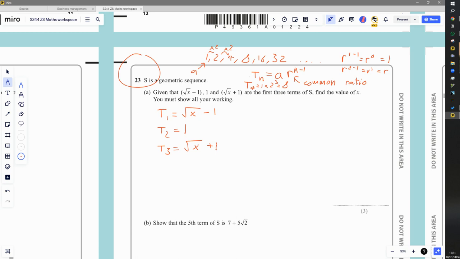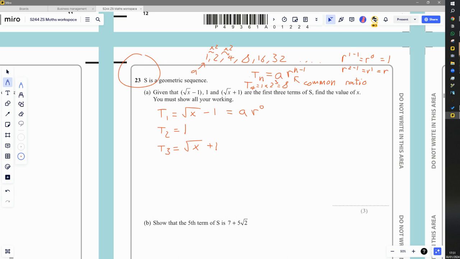So if we know that this is the formula, then we can say that this is equal to the first term multiplied by r, which we don't know yet, to the power of n minus 1, which in this case would be 0.